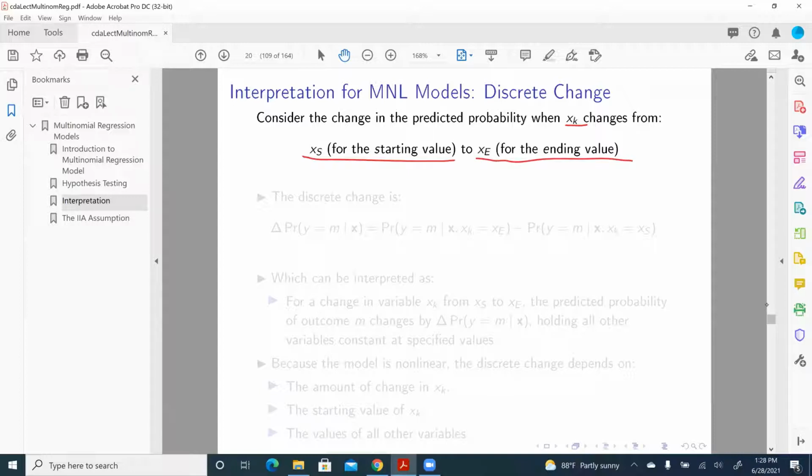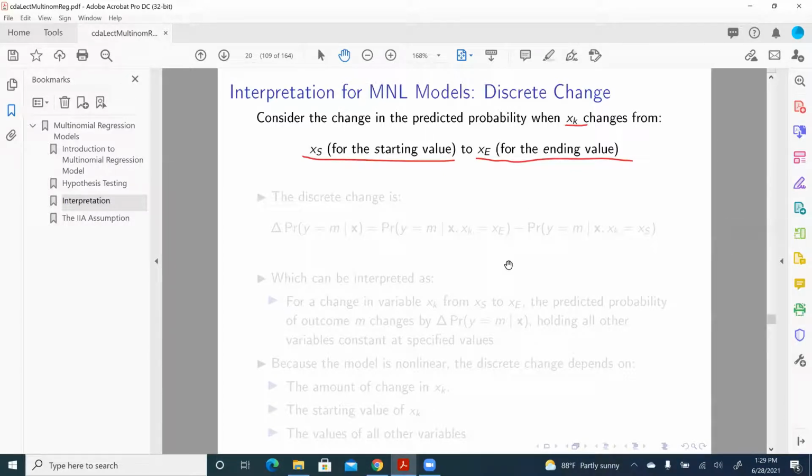Note that in this case, we hold all other covariates except this generic variable xk at specified values. Once we change the values of the other covariates, all the quantities of interest we're looking at are going to be different.